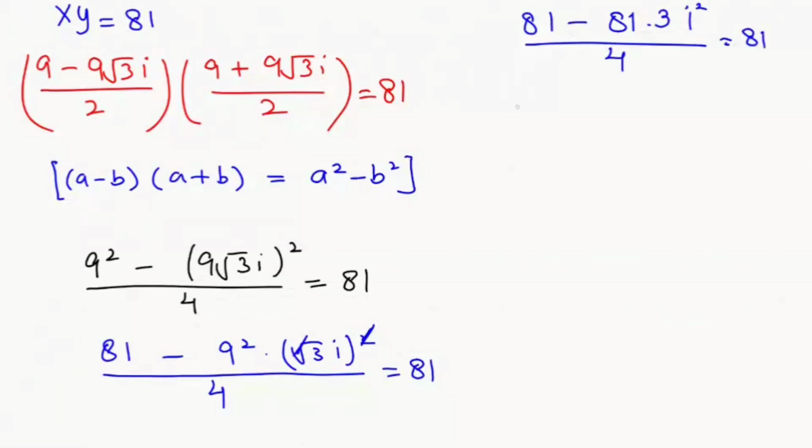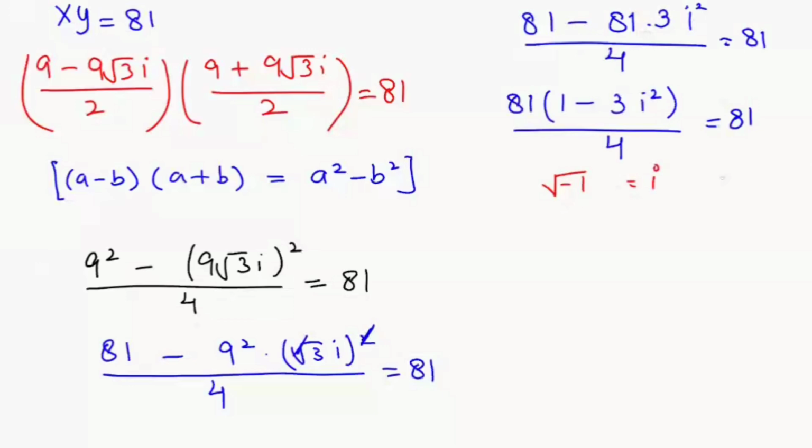I'm going to take 81 common: 81 times (1 minus 3 iota square over 4) is equal to 81. And as we know, root of -1 is equal to iota.